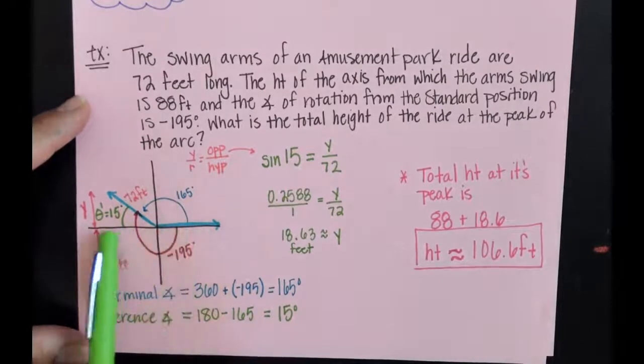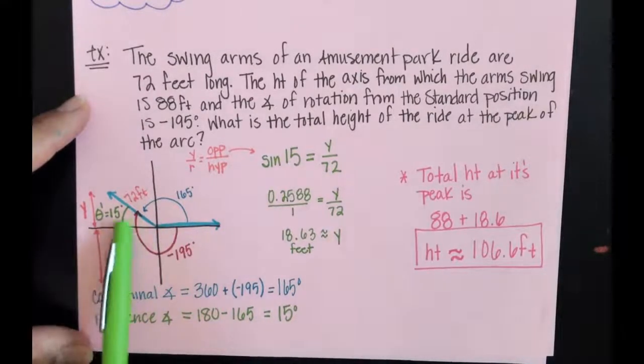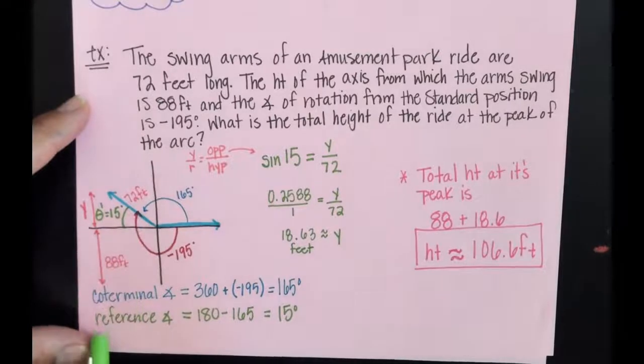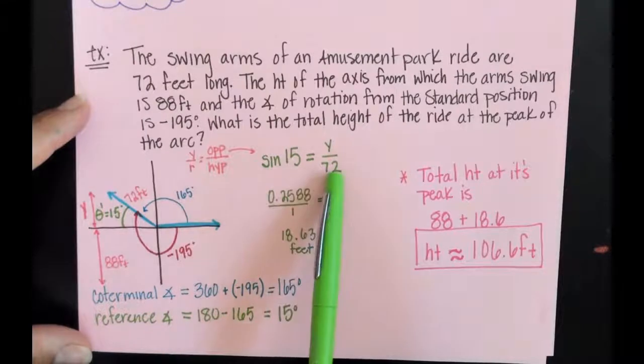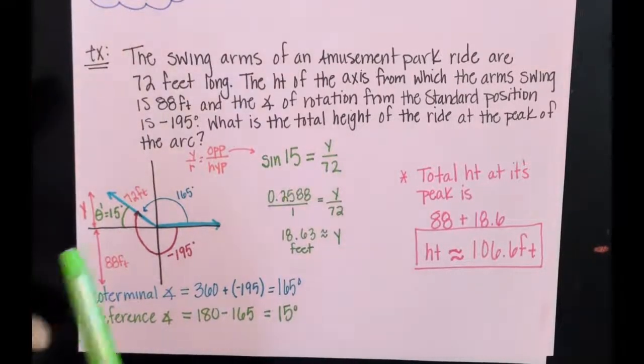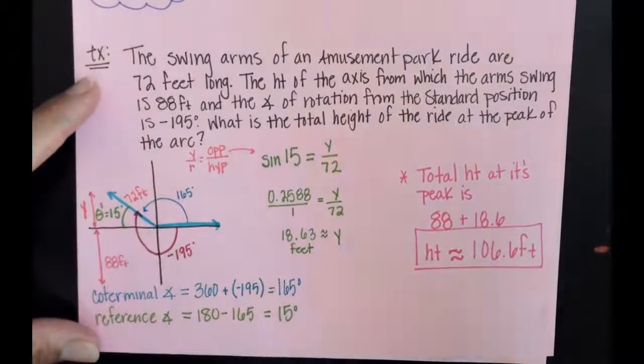Again, we need to know the reference angle, which is closest to the x-axis. So our reference angle is actually 15 degrees. So we figured out our coterminal, then our reference angle. And now I can actually work out, because again, here's where that angle is. It's at that intersection.